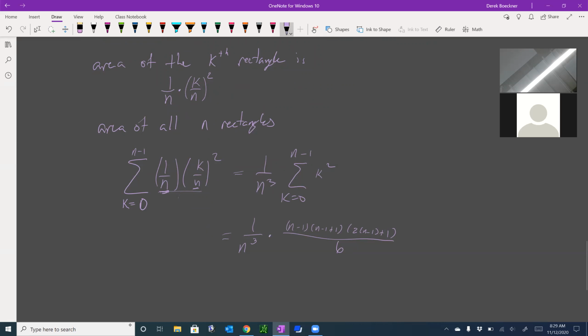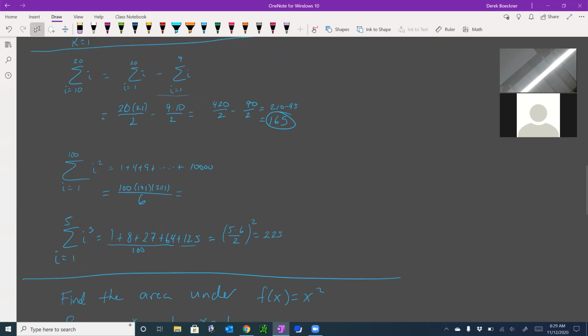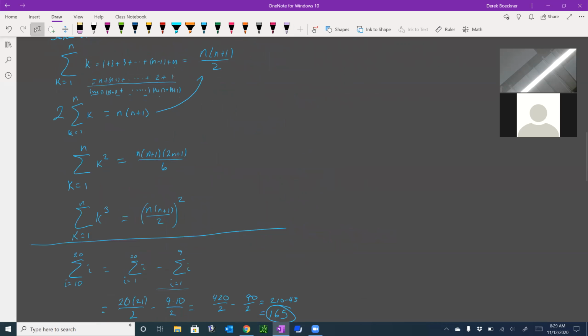I will in a second. I just wanted to make sure that we were using this formula up here, right? We're using this formula with n replaced with n minus 1. Right?